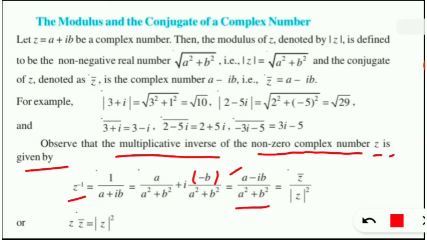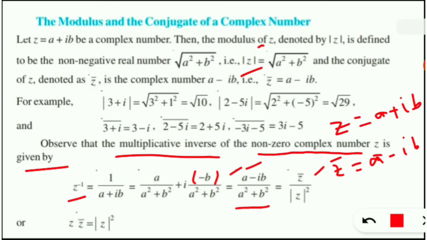Now if z equals a plus ib, then z bar equals a minus ib. That means here a minus ib is z bar, again divided by a square plus b square. We already know that mod z equals under root of a square plus b square.